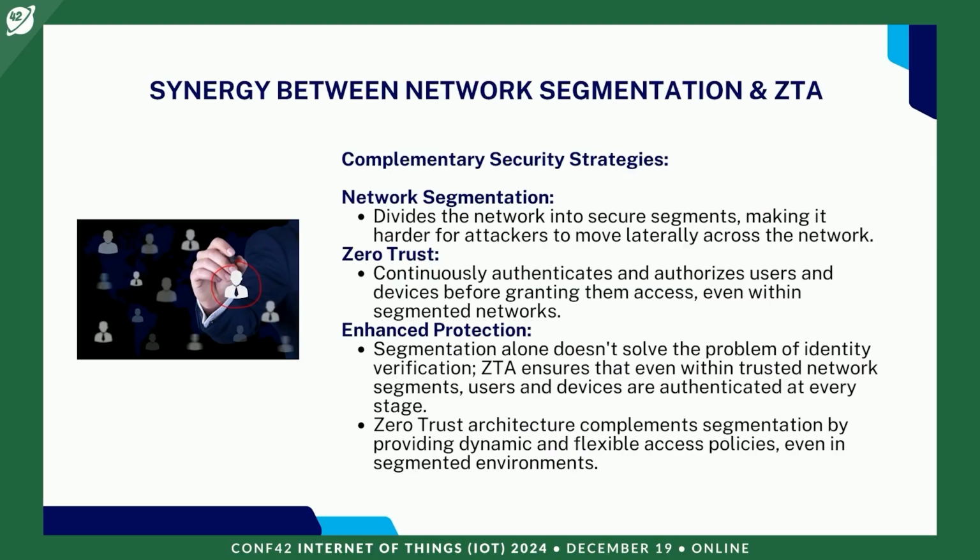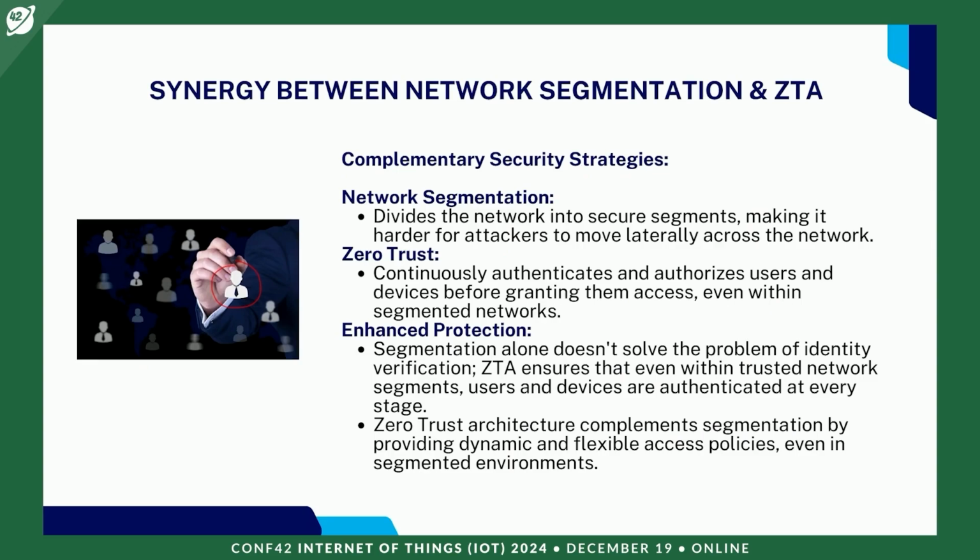So again, segmentation alone doesn't solve the problem of identity verification. It requires the ZTA to ensure that even the trusted network segments, users, and devices are authenticated at every stage, and authorization follows authentication.